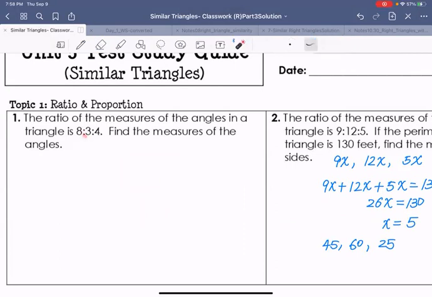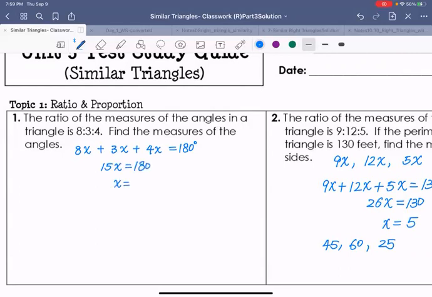You know the ratio, but you don't know the angle. So you say, how about we call 8x, 3x, and 4x? Okay. Their sum equals 180. Good. Next step. You would add them all together. So 15x equals 180. Okay.